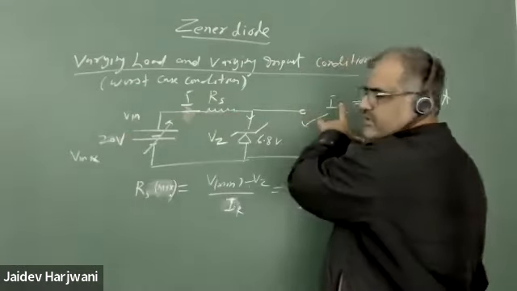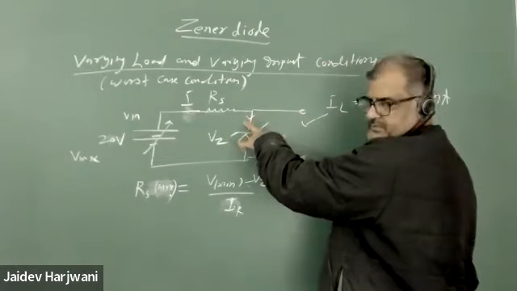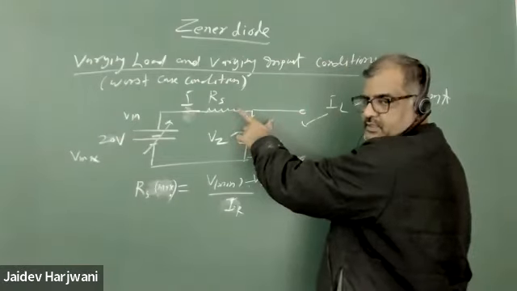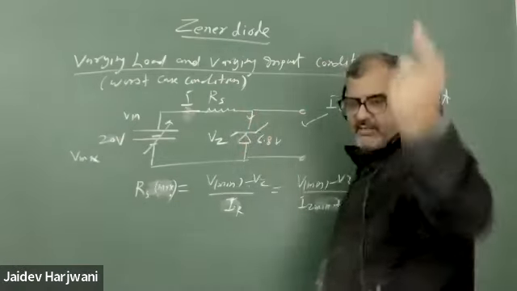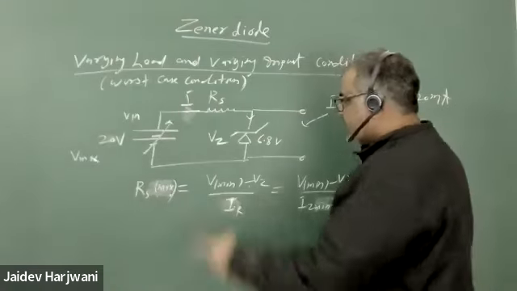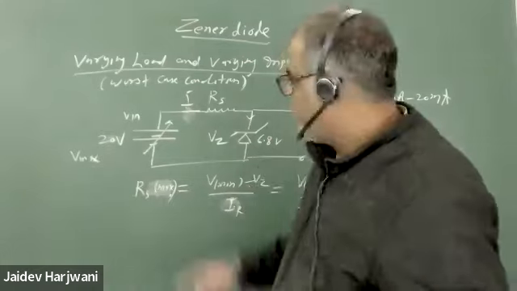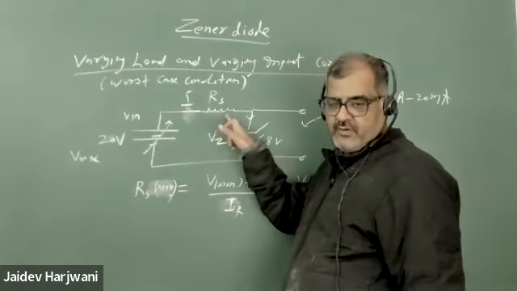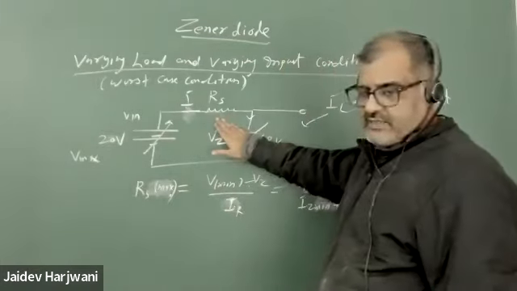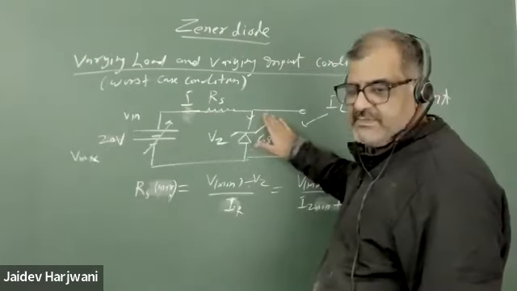If your load is fixed, all the current will go here. Are you getting? So here the current can go above IZ max, and that will burn out this Zener diode. So there is a minimum limit for this also: the current IZ max should go.